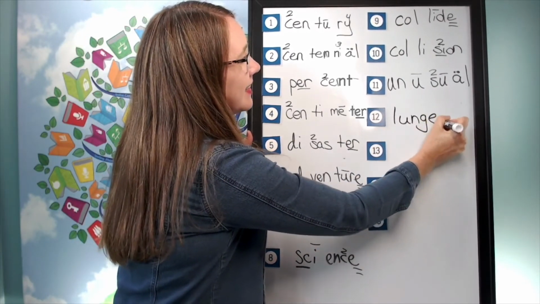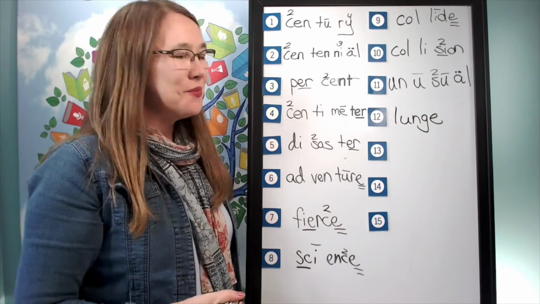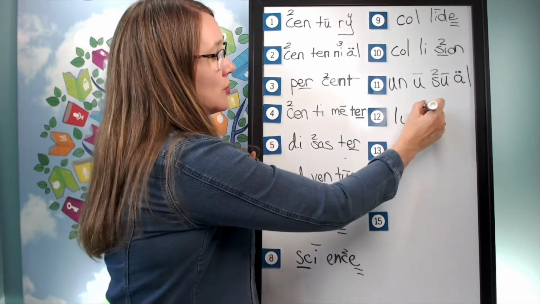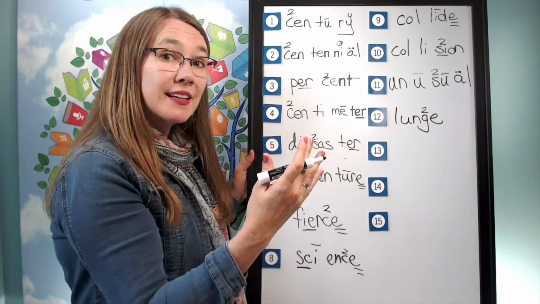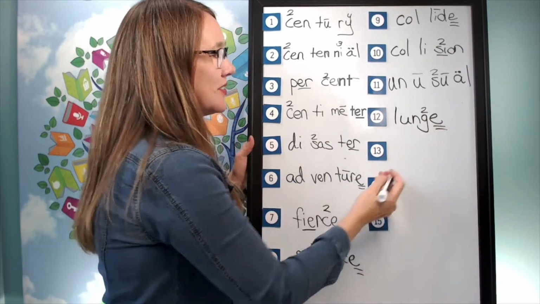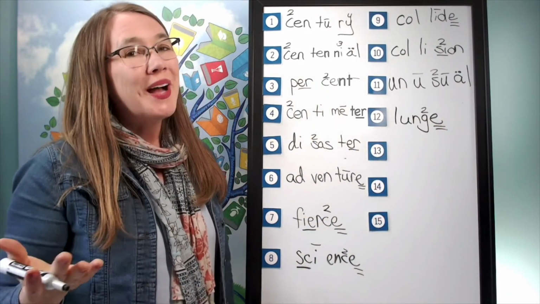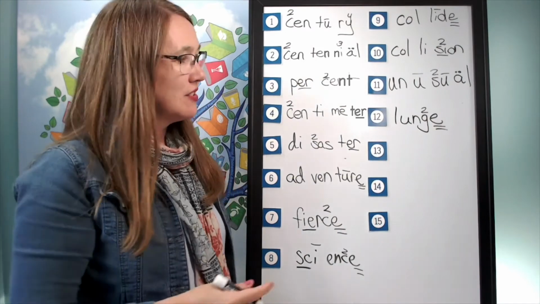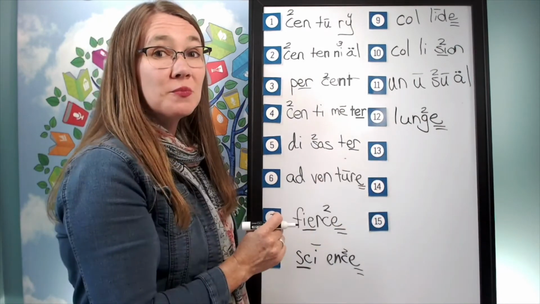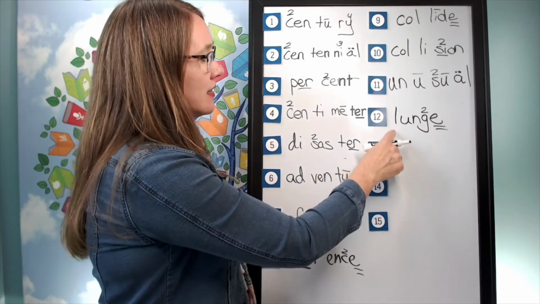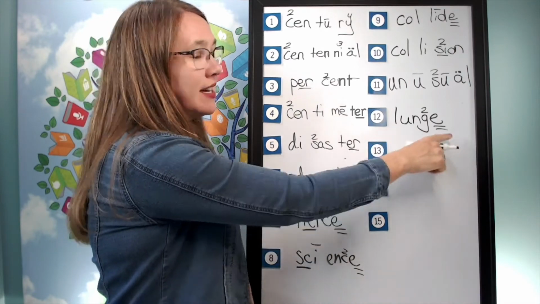J. Silent final e. How do we mark it? We'll put a 2 over the g, j, because it's saying its second sound, and we'll double underline the silent e. Why do we have a silent final e in lunge? The g softened to j because of the e. Let's read it. Lunge. Lunge.